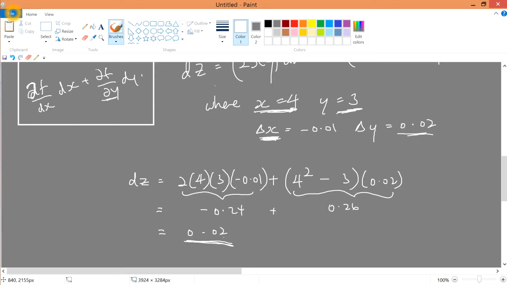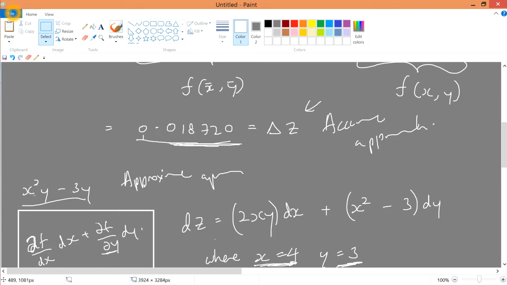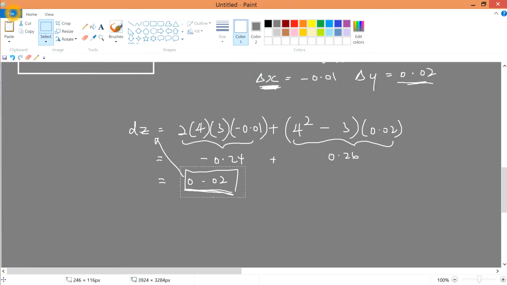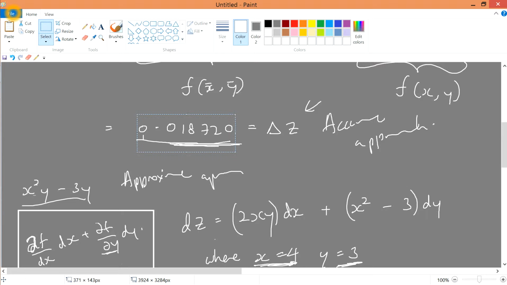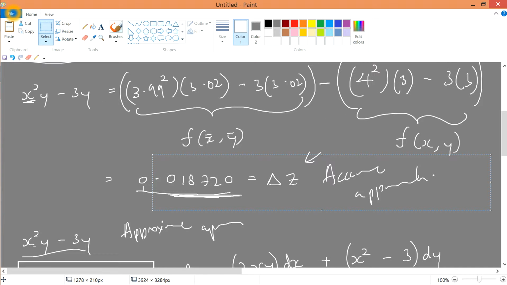As you can see, this answer for delta z is a rounded off answer from the one that we have just calculated earlier, the accurate approach. See, 0.0187 and so on. This one is 0.02, which is rounded off from here. So as you can see, this is an approximate answer, while this is the actual approach.